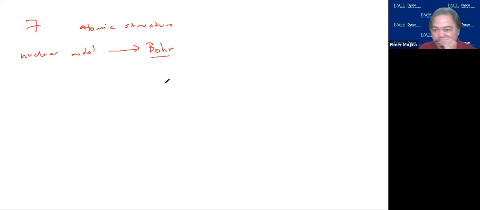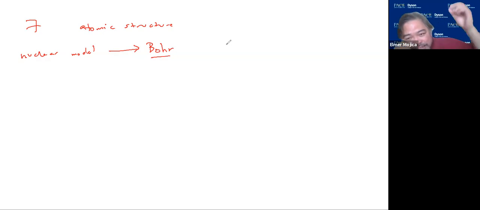So what the Bohr model tells us is electron can go to a much higher energy level once it absorbs energy. And electrons can also go from a higher energy level to a lower energy level upon emission of energy.